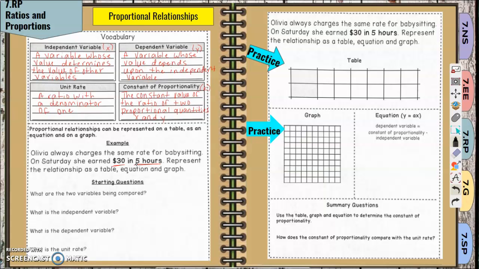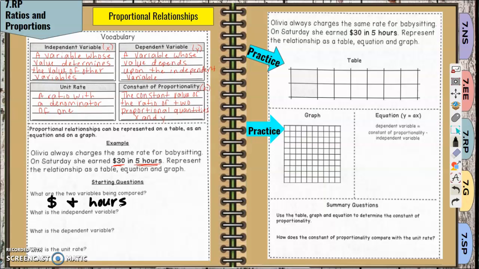So the first thing we need to do is figure out what two variables are being compared. We're talking about money and hours.